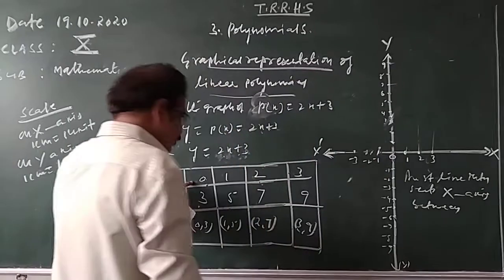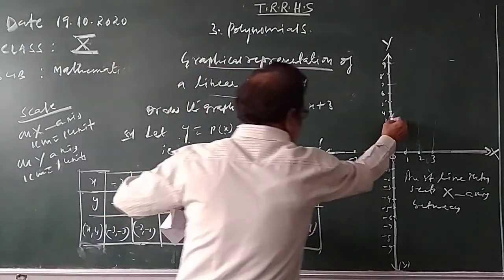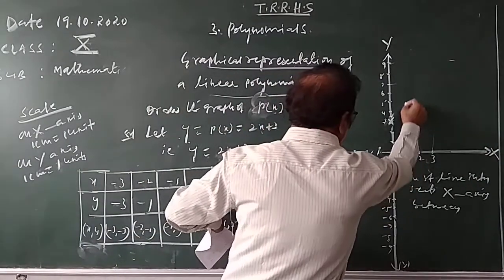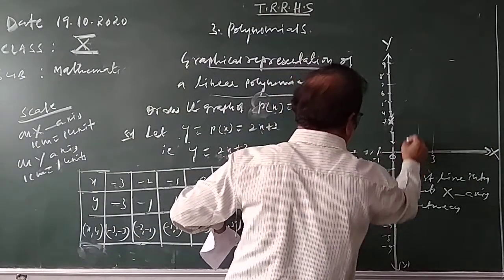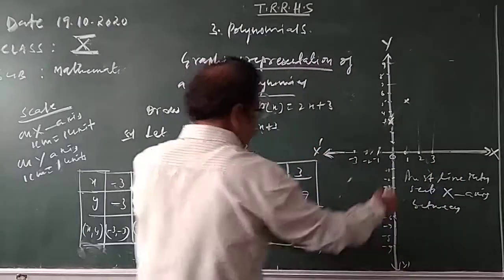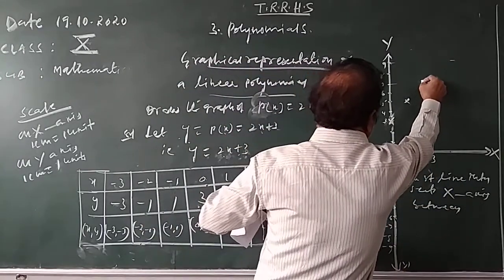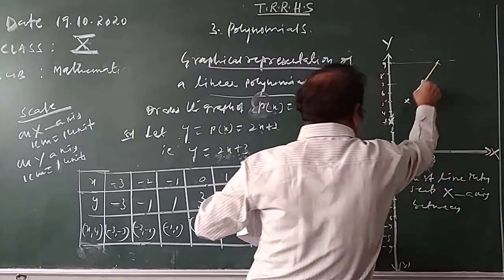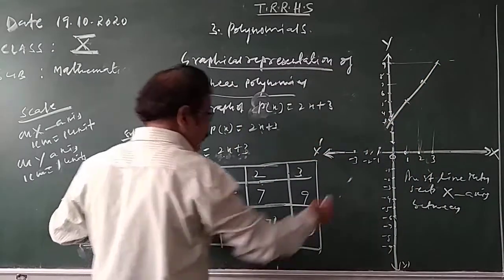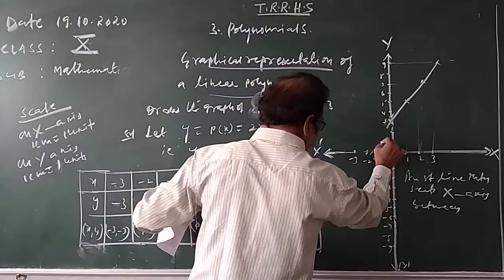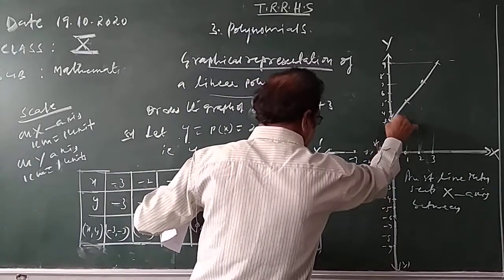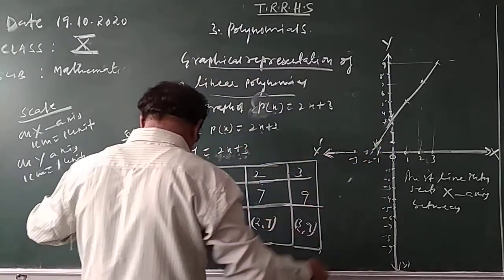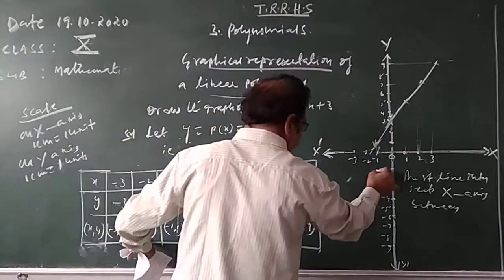The points are 0, 3; 1, 5; 2, 7; 3, 9; minus 1, 1; minus 2, minus 1.